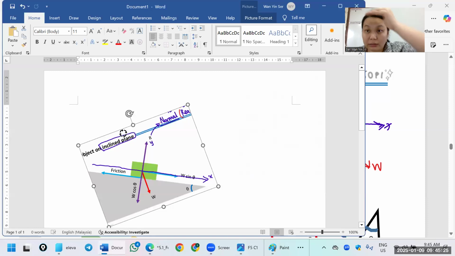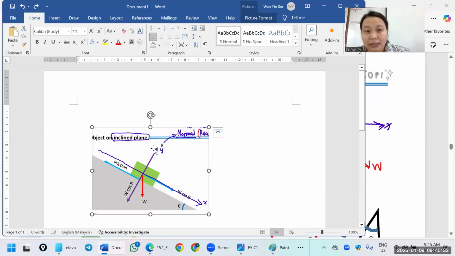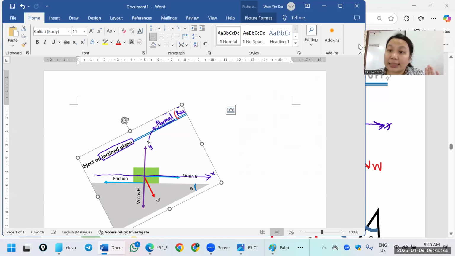Can you see that? What I do is, from the second one, I make it become upright. The direction of every force is the same. I just tilted it to become upright.